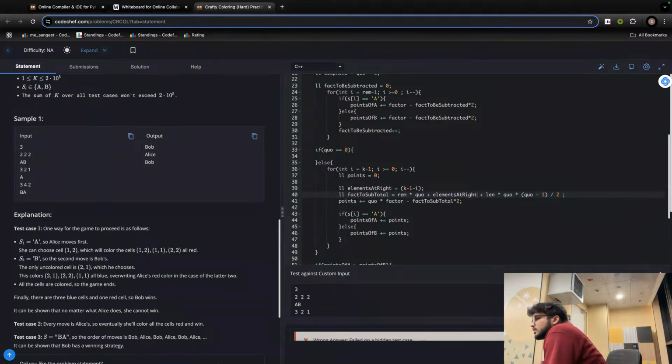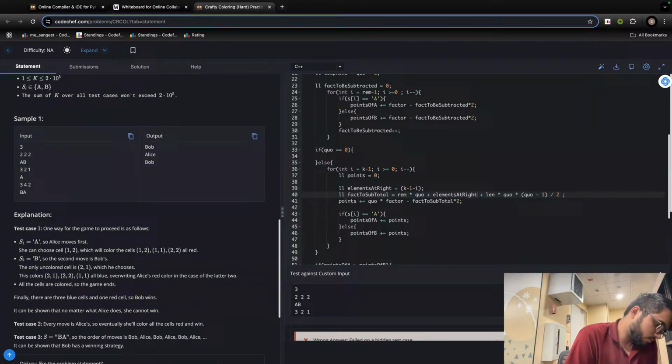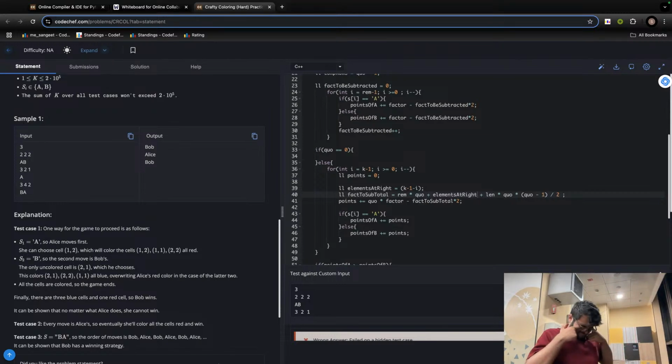Length, this will have 0. 0, 1, 2, 3. So 1, 2, 3.